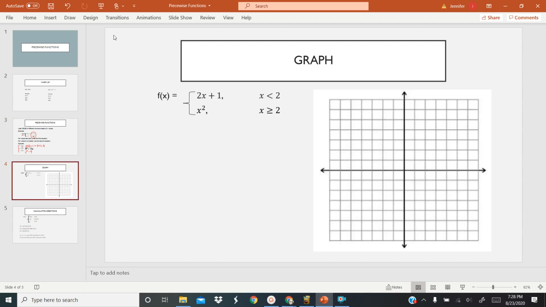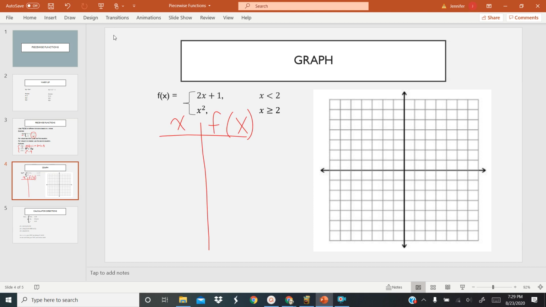Then we're going to go on to graphing a little bit. With graphing, there are a few different ways you can do it. The way that I want to show you by hand is making a table of values and then plotting the points. We're going to have some different x values, and then values for f of x.